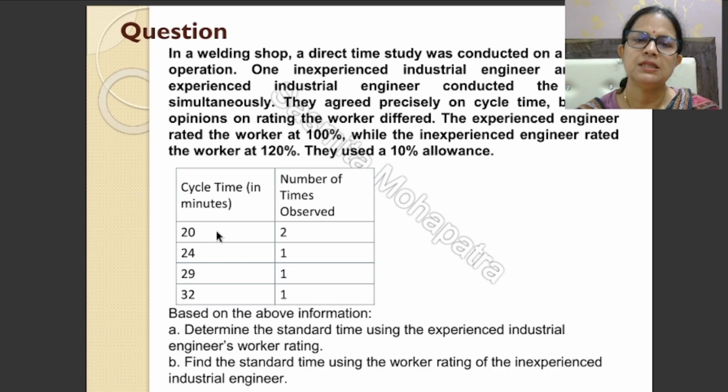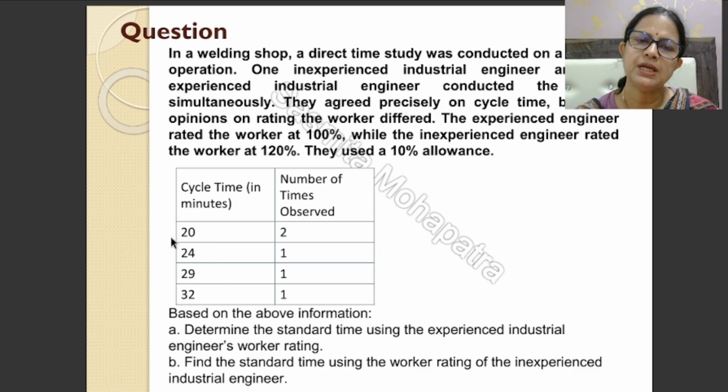The total observed time is 40 minutes for the first, then 24 minutes, 29 minutes, and 32 minutes. So the total observed time is 40 plus 24 plus 29 plus 32. And the number of observations is 2 plus 1, 3 plus 1, 4 and 5.